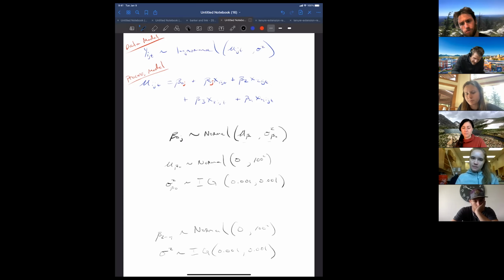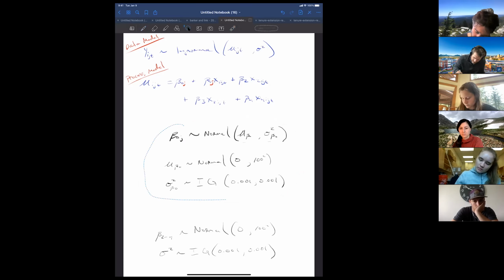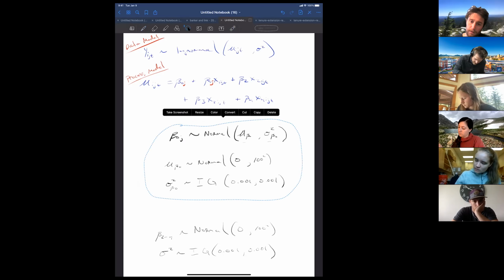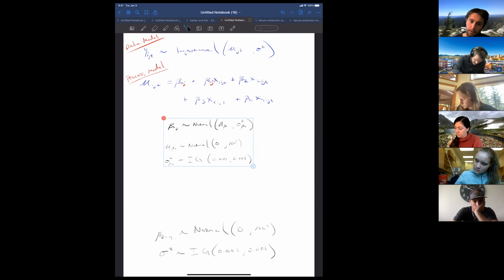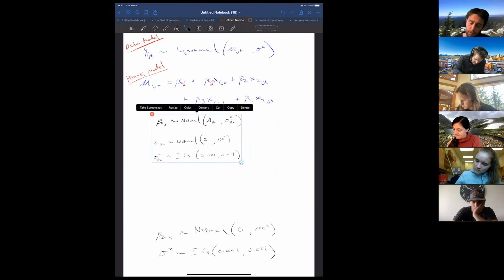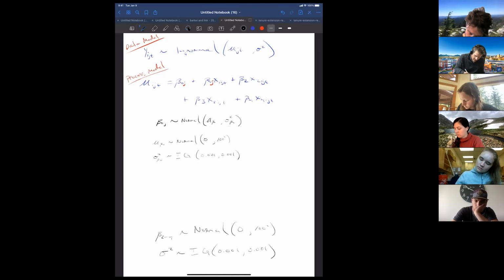Yeah, we need this stuff for beta 1. So we need to do exactly what we did for our intercept with our slope.